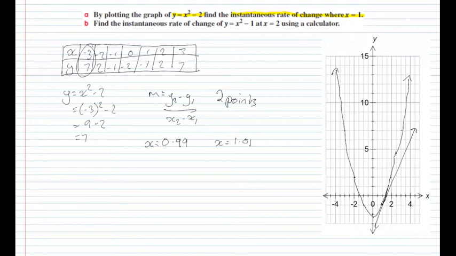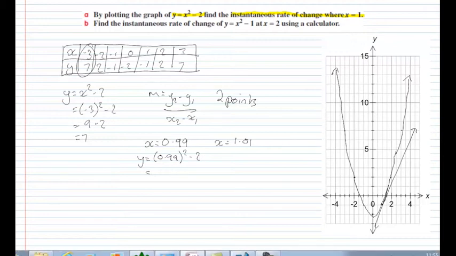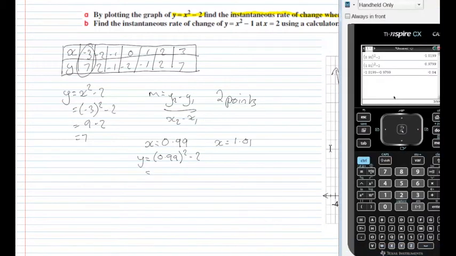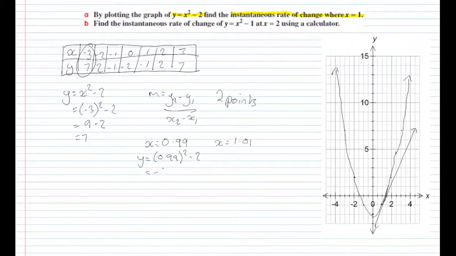What we're going to do is substitute that in, so you get y is equal to 0.99 squared minus 2, which would be equal to, I'll just go to the calculator, something that I prepared earlier, and you get -1.0199.